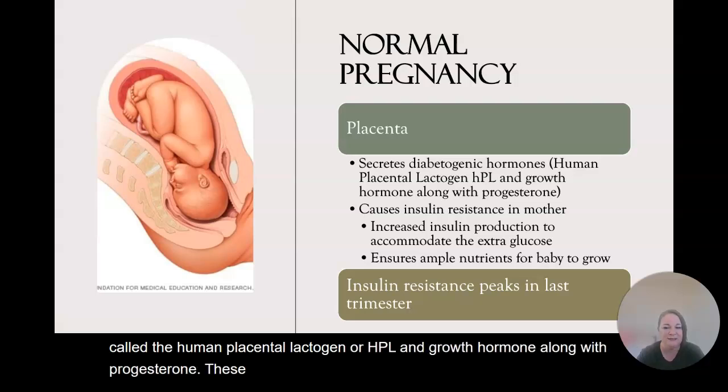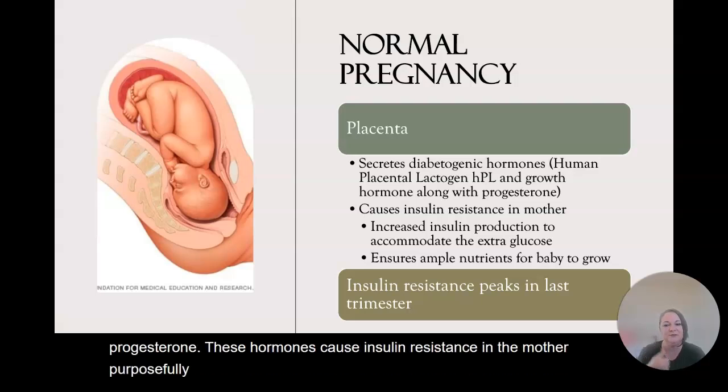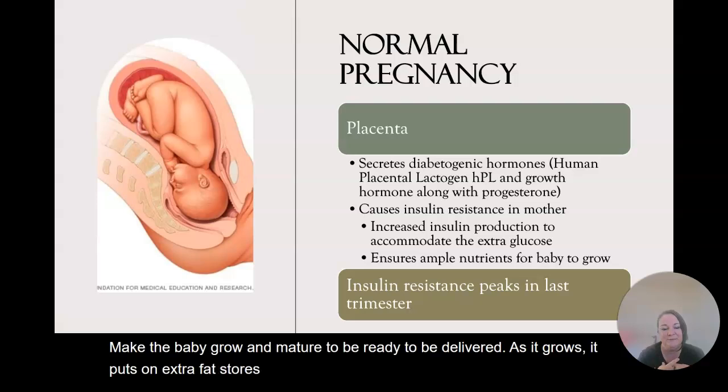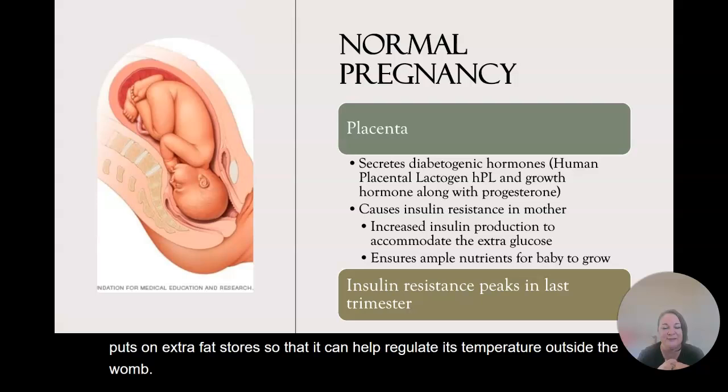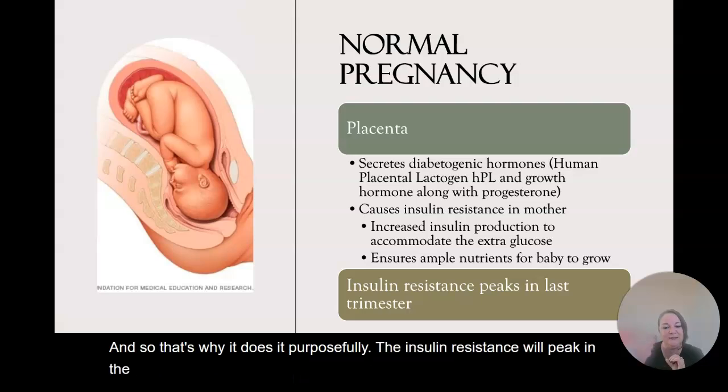These hormones cause insulin resistance in the mother purposefully, to increase her glucose levels and make the baby grow and mature to be ready to be delivered. As it grows, it puts on extra fat stores so that it can help regulate its temperature outside the womb. So that's why it does it purposefully. The insulin resistance will peak in the last trimester to finally fatten up the baby.